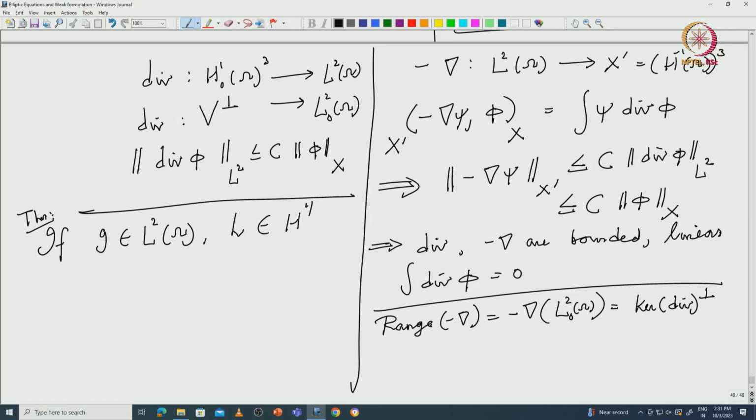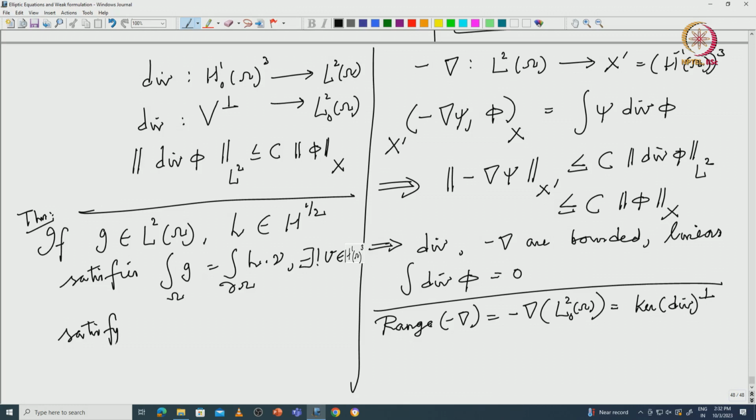If H is in H half and satisfies the integral of G over omega equal to the integral over d omega of H dot nu, then there exists a unique V in X satisfying divergence of V equal to G in omega and V equal to H on d omega, and the estimate.